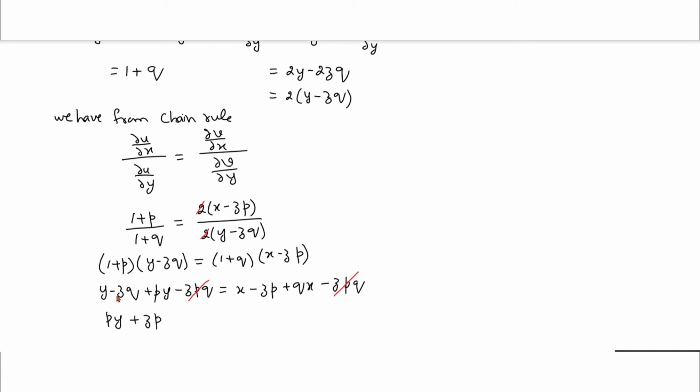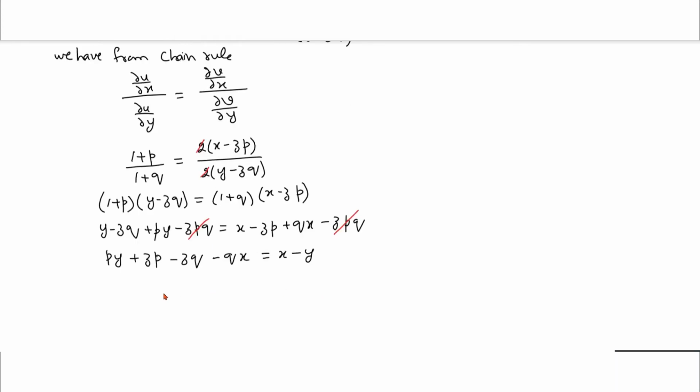Then coming to this value of q, zq as it is, send this plus qx to this side, it becomes minus qx. So p and q terms have been taken to one side. On the right hand side, we'll take the remaining values. Here x is there as it is. These two values you have already taken on the left hand side, and what is the value left out here? y. So this plus y, if we take to the other side, becomes minus y. I've just rearranged this one.